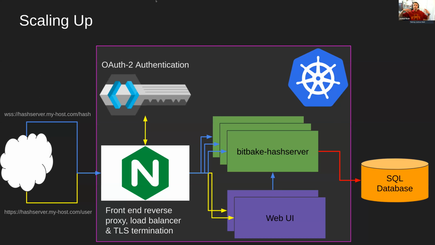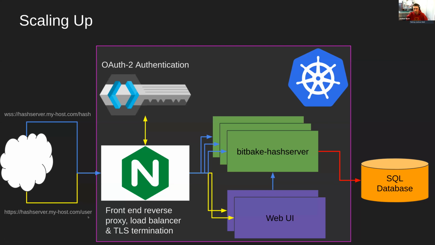Okay, so the idea of this then is that you can scale this up and run it on basically a Kubernetes cluster. I don't have an example of this, but I have done it. It does work. So basically the idea here is you've got your users, over here on the left, and they can access the hash equivalence server proper using this secure WebSocket through your host, and then maybe a hash sub path.